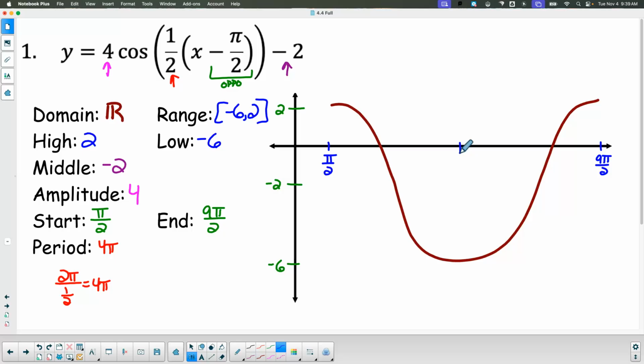Halfway, 1 plus 9 is 10, divided by 2 is 5. Halfway, 1 plus 5 is 6, divided by 2 is 3. Halfway, 5 plus 9 is 14, divided by 2 is 7.